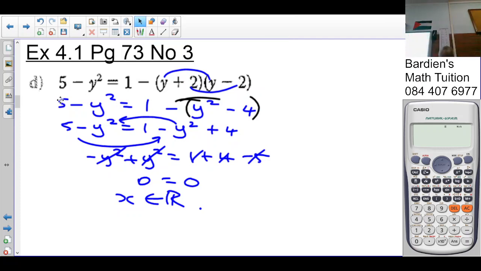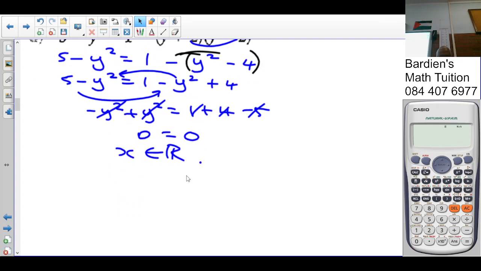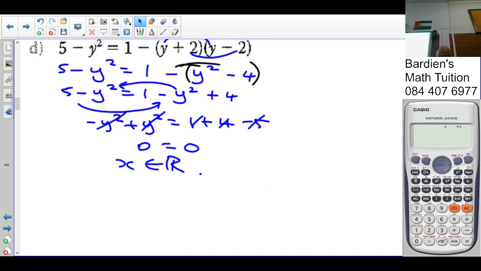Alright. People, you guys understand? Alright, so at this point we're going to now look at equations with fractions. There's your next heading. Equations with fractions.